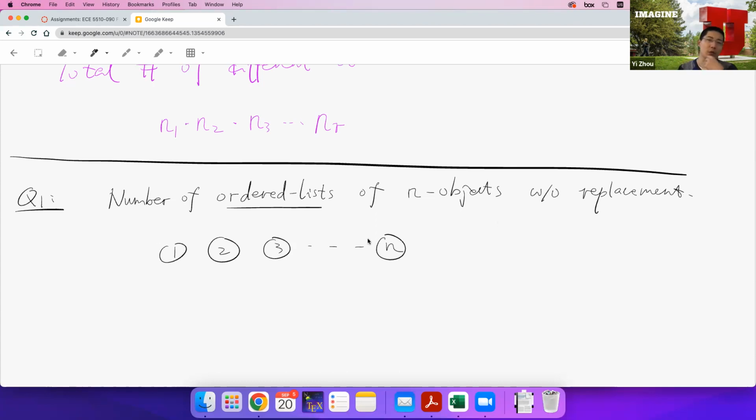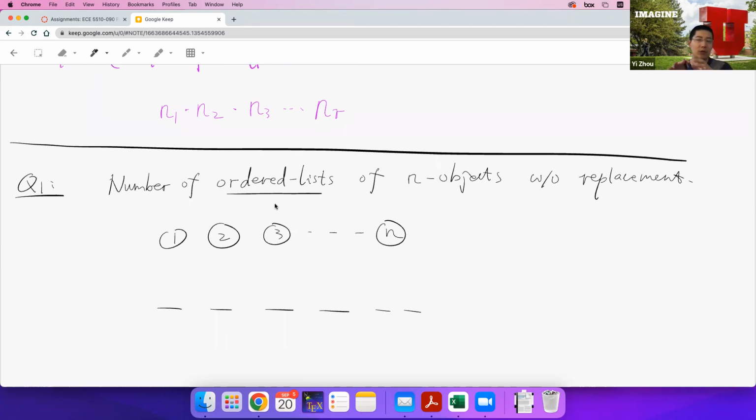So basically, we are going to place N different balls into N positions, and these positions are ordered. The order may be different depending on which ball you place into a certain position.